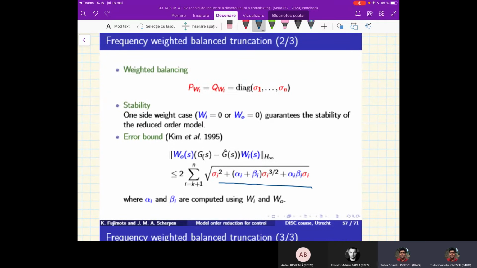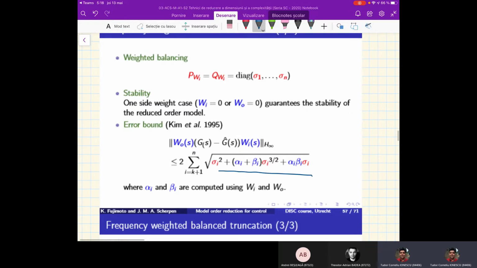If you remember, I was telling you that in the one-side weighted case, we have the stability guaranteed. Otherwise, it's not true.